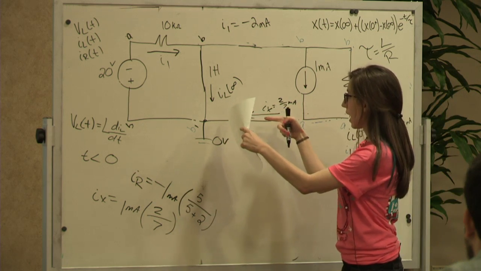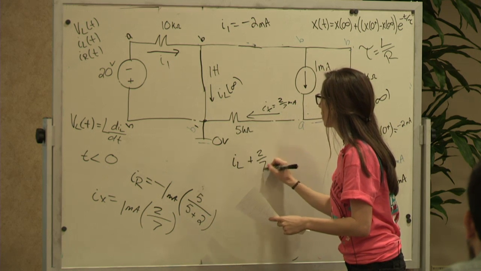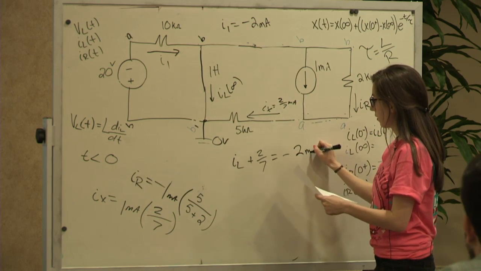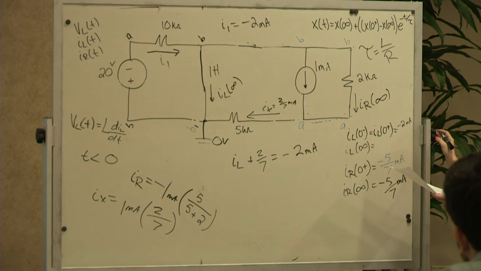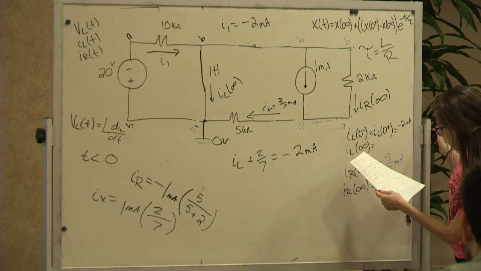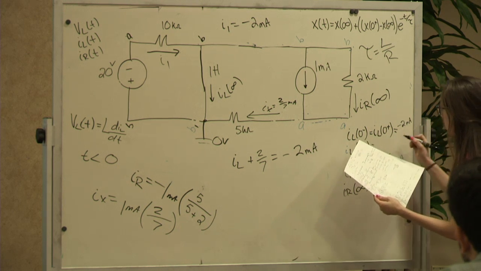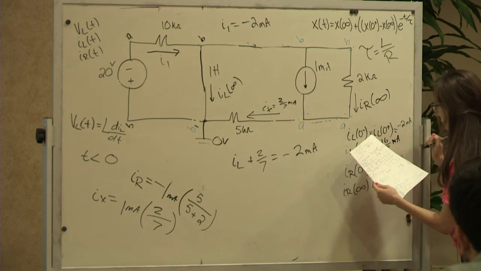So now IL and IX are entering. So IL plus 2 over 7 will equal the I1 leaving, which we got negative 2 up here. So IL of infinity will equal, where is it? I think that's just negative 2 over 7? No, that's negative 16 over 7 milliamps.